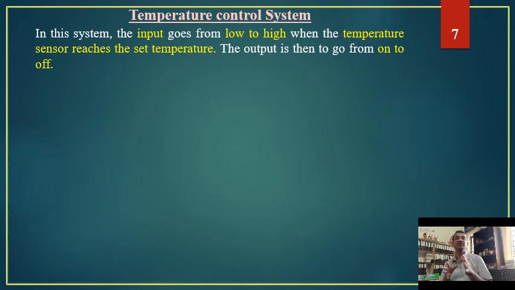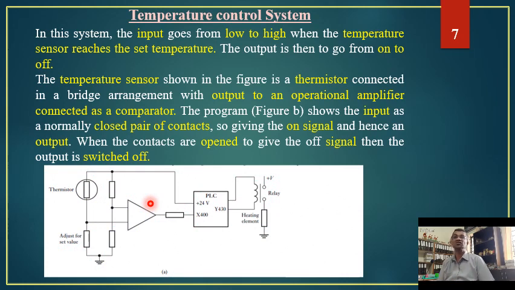Till then, input remains low. Once the set temperature is reached, the input turns high. The output then has to go from on to off. It means that no further heating has to happen once the set temperature is reached. Right? So that is the problem.